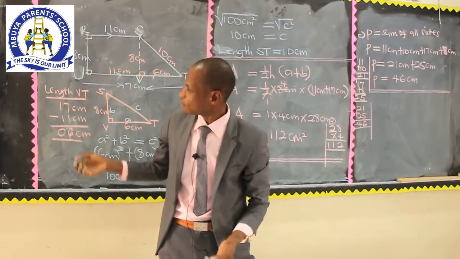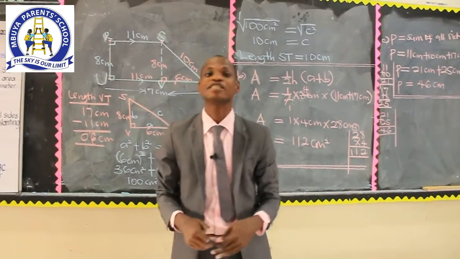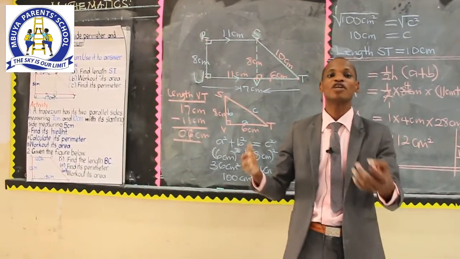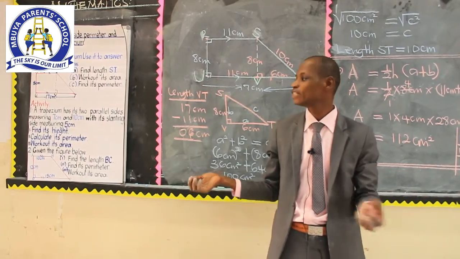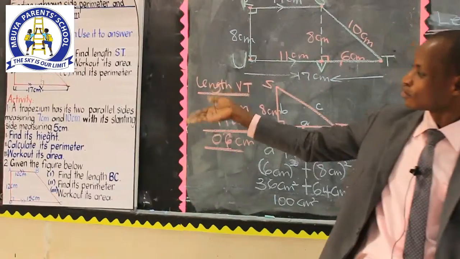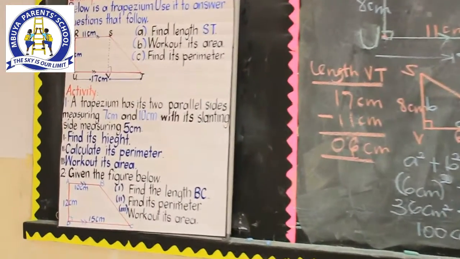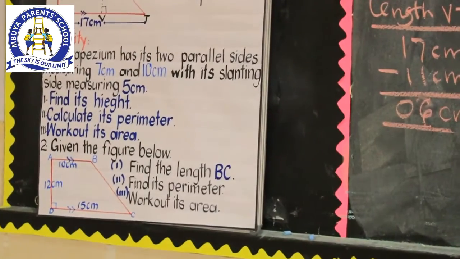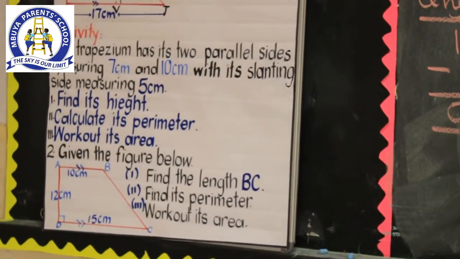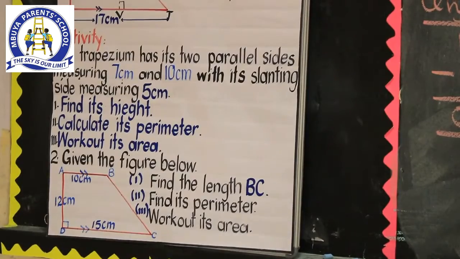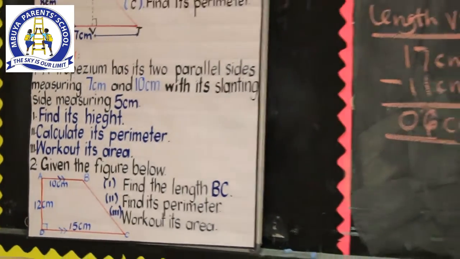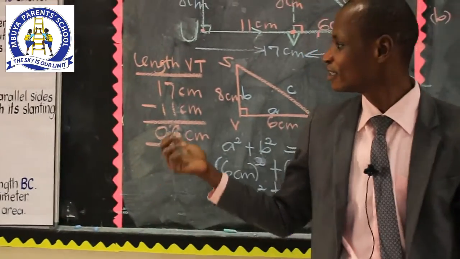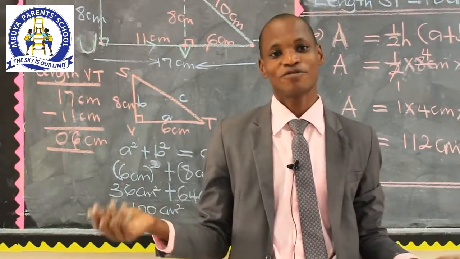So we have a simple activity. Why am I calling it a simple activity? Because we have already gone through it. Therefore, you'll find it very simple to attempt those numbers. I'm always happy, considering the previous lessons, you have always done those activities well. And I'm very sure, even this one here, you're going to do it well.